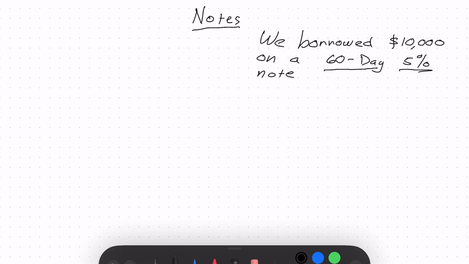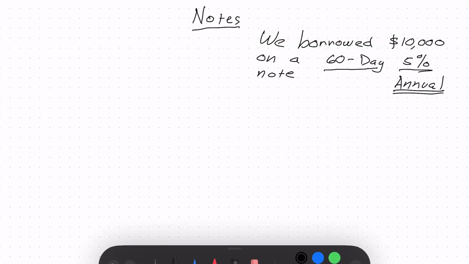Except the way it works is this is actually going to be our annual percentage rate, which means that's the amount of interest we would have to pay if we borrowed that for the entire year. Okay, so we've got the 60-day here. This is going to be called our term. How long are we borrowing it for? And this amount up here, this $10,000, this is the principal amount.